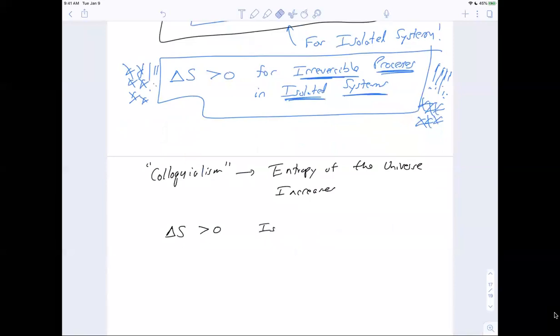So let me just write this down. We have an isolated system, and this is, again, very important. I can't stress it enough.